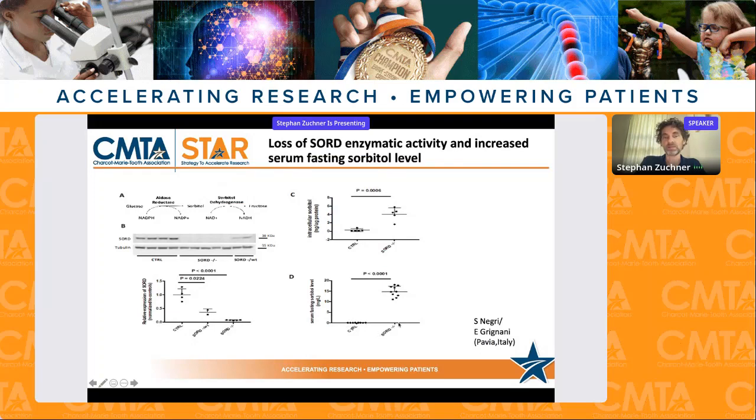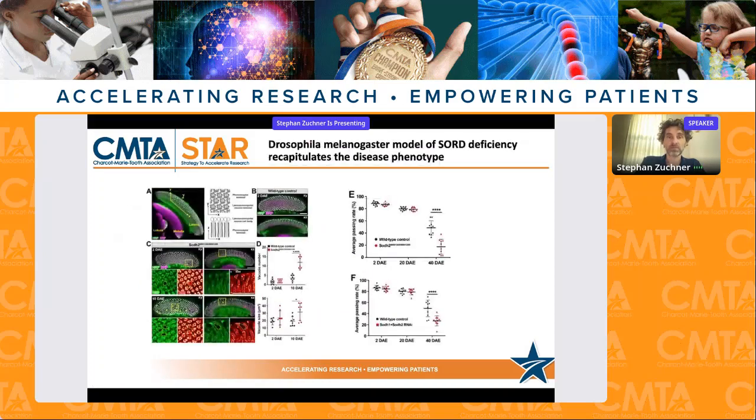In those patients that don't have the enzyme, it's 100, even 500 times, sometimes higher, the sorbitol in their blood, okay? We have never seen anything like this. This is unbelievable. And these patients have this lifelong. They have way too much sorbitol in their blood, and that damages their nerves over time.